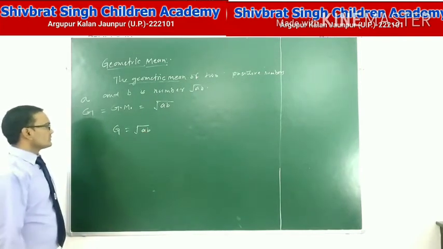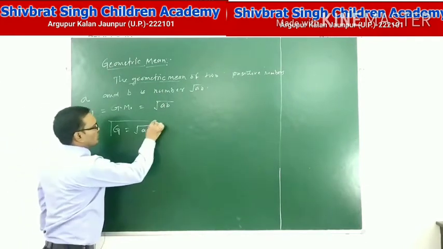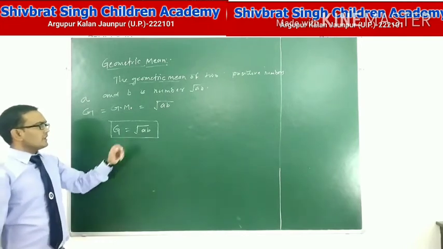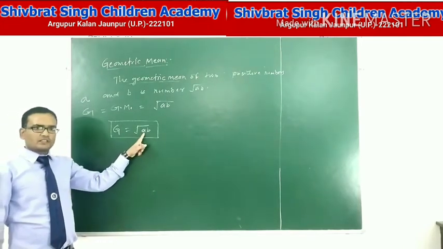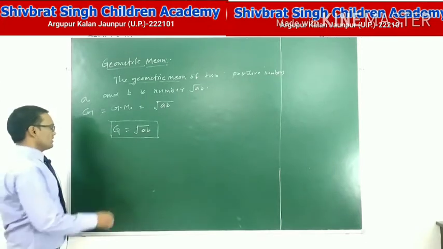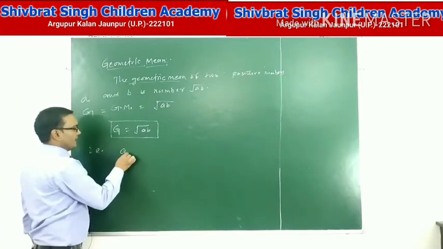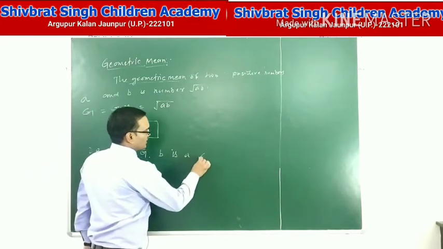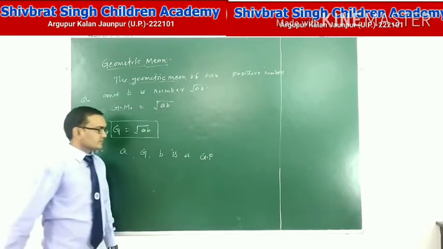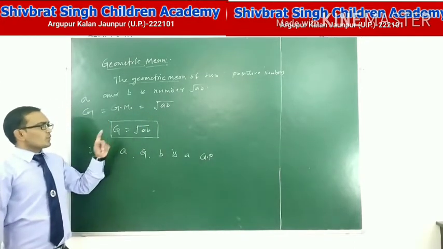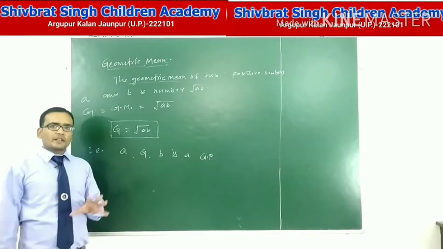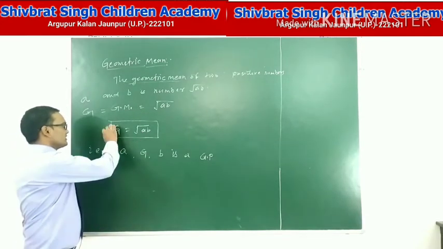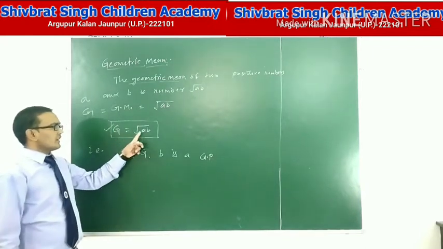Here the formula is G equal to square root ab, where a and b are positive numbers. That means a, G, b is a GP. You can find the geometric mean between two positive numbers a and b as G equal to square root ab.